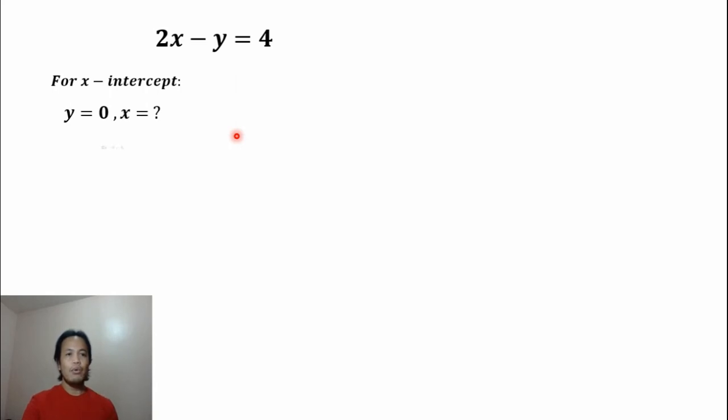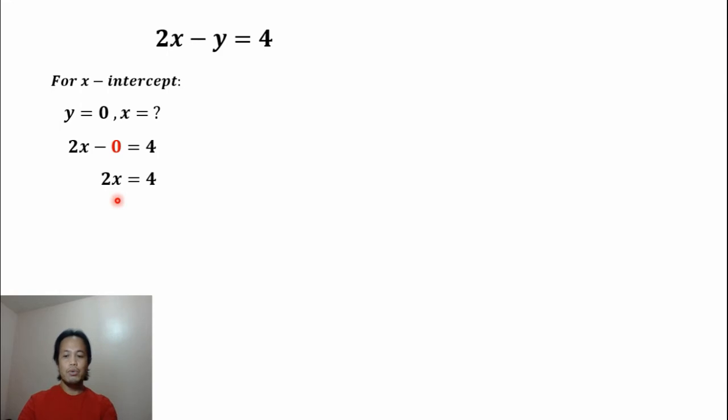Using the equation 2x minus y equals 4, we substitute our value for y, which is 0, to the equation. That gives us 2x minus 0 equals 4. Instead of writing y here, we change that with the value of y, which is 0. Since this is 0, the equation becomes 2x equals 4.